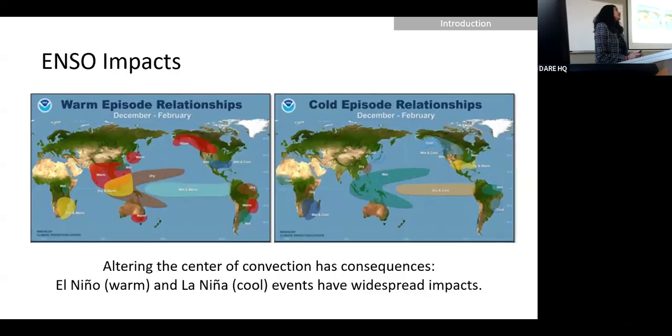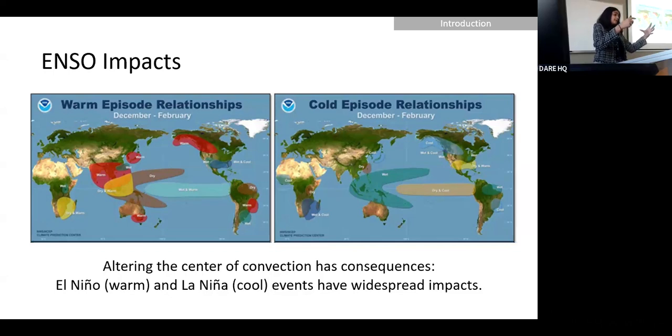Now, the reason why we care about this oscillation is that they have very widespread impacts. Almost every continent, actually every continent is affected in some way or another by the changes induced by these events. And the way they induce these changes is because they're changing the surface temperature of the ocean, they affect the amount of evaporation and the wind field above it.